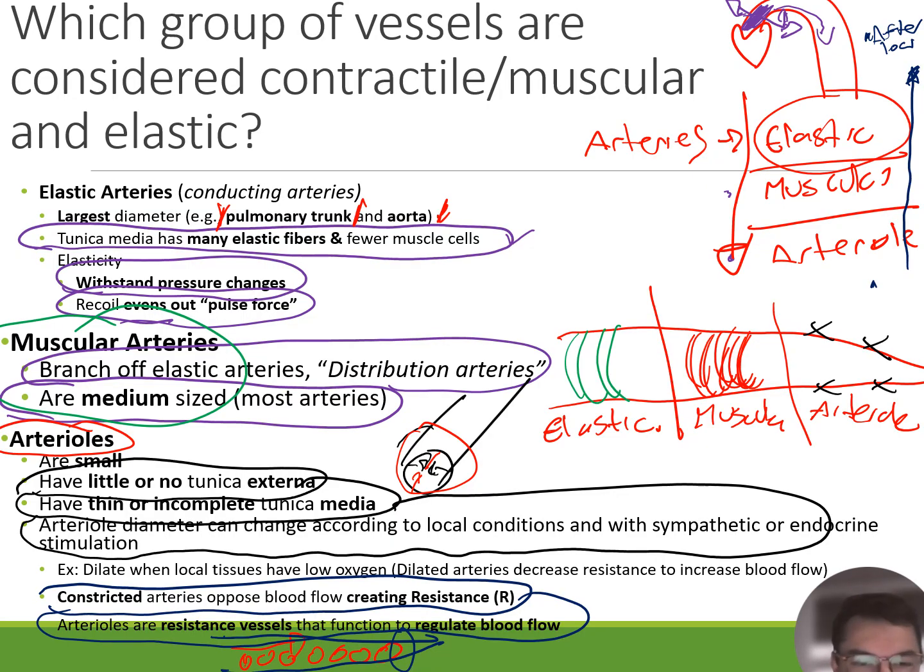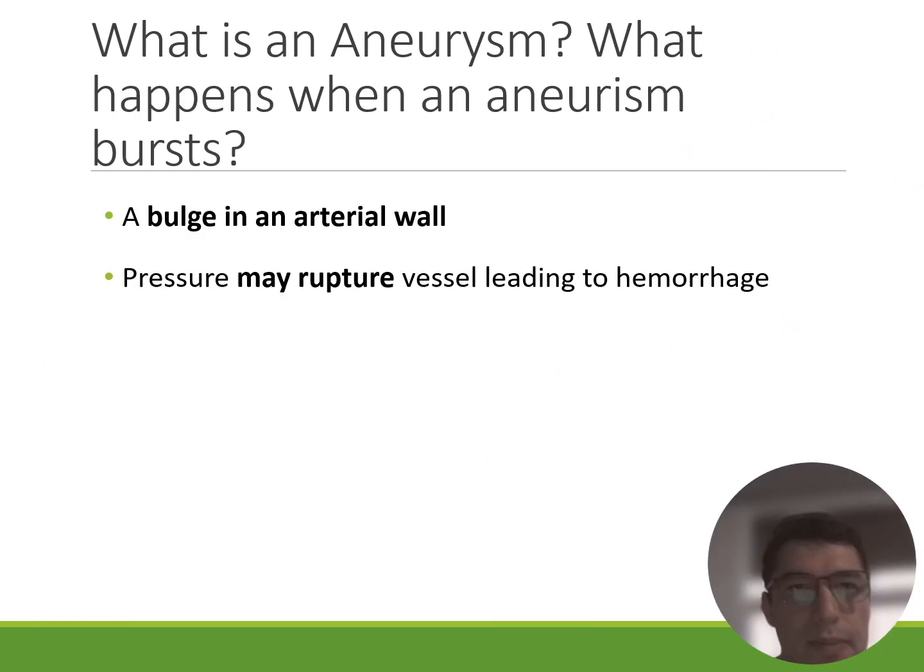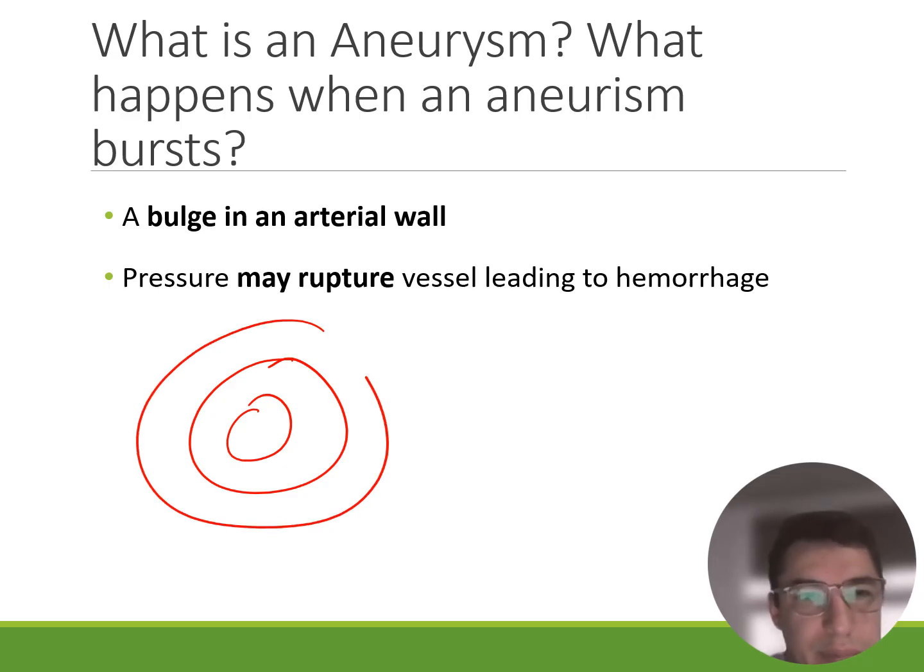But again, there is more resistance as we cause vasoconstriction, and these vessels, because they are very small, are also called resistance vessels. Now that we went into detail about the layers of a vessel and we know the normal structure of them, what if there is something wrong?